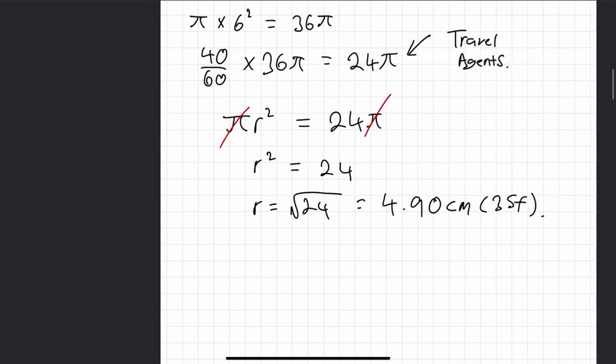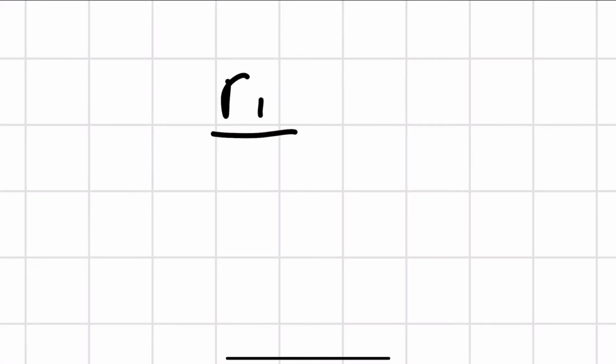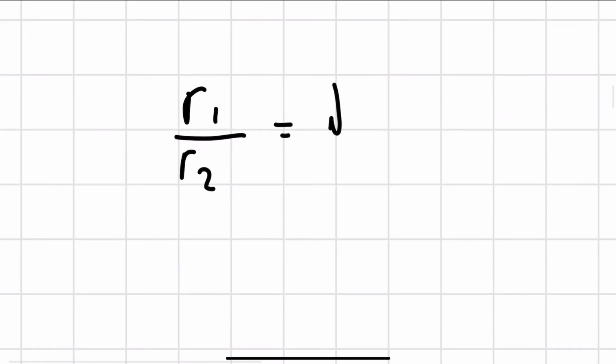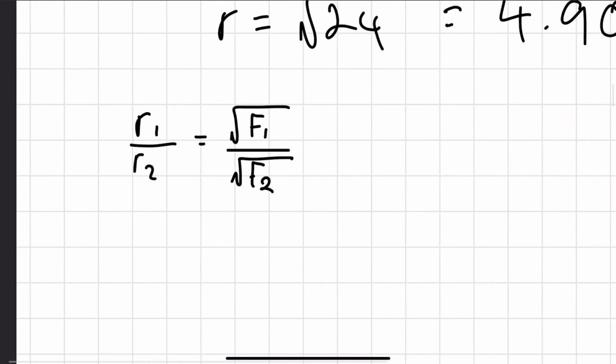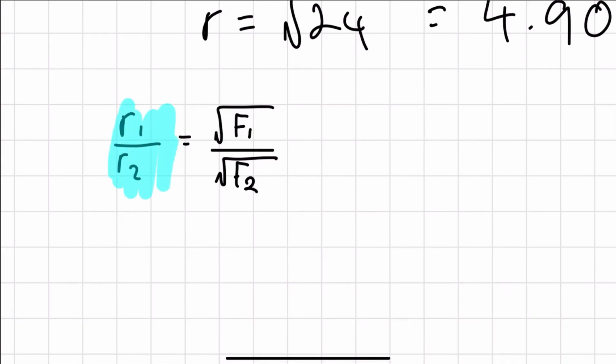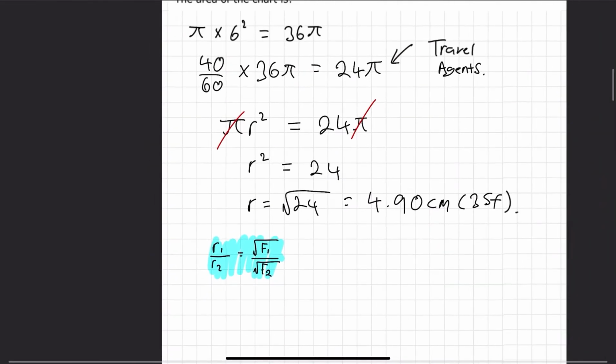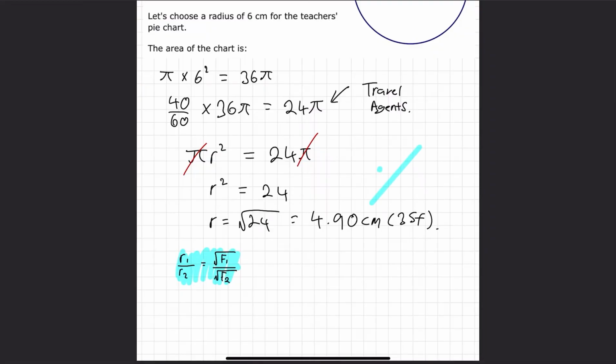So here's the method I want to use. Using my proportions, there is a lovely formula: radius 1 over radius 2 is equal to the square root of frequency 1 divided by the square root of frequency 2. You can use this method for short, or use the longer method if you prefer. Both are okay.